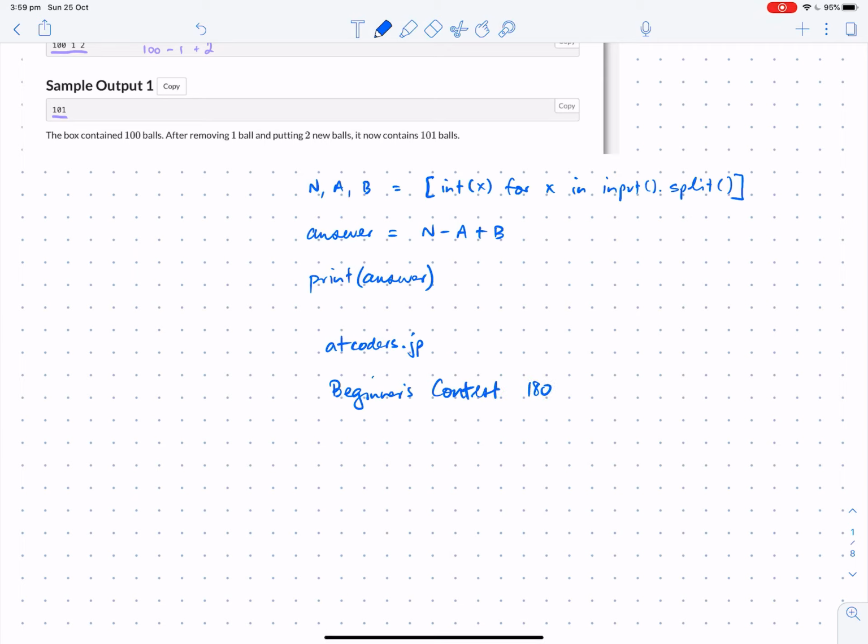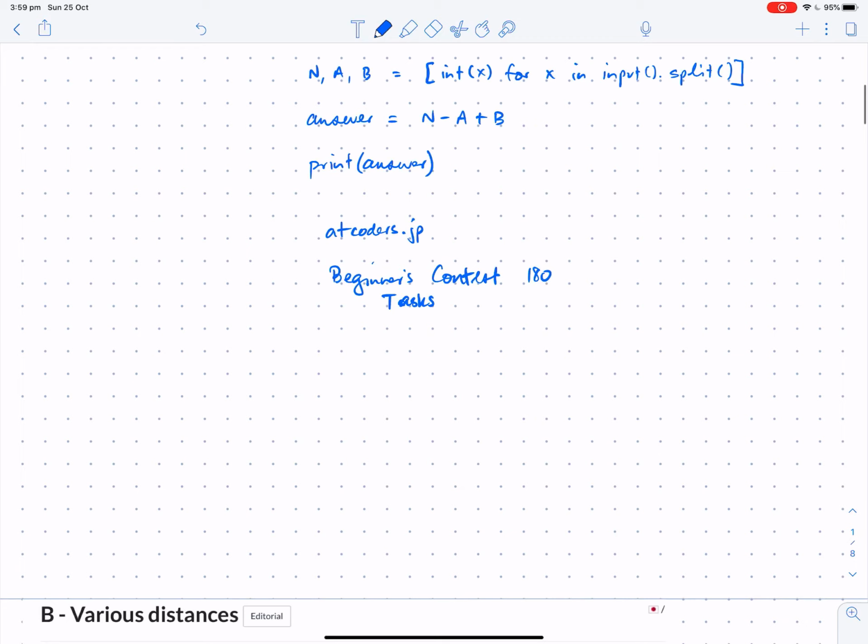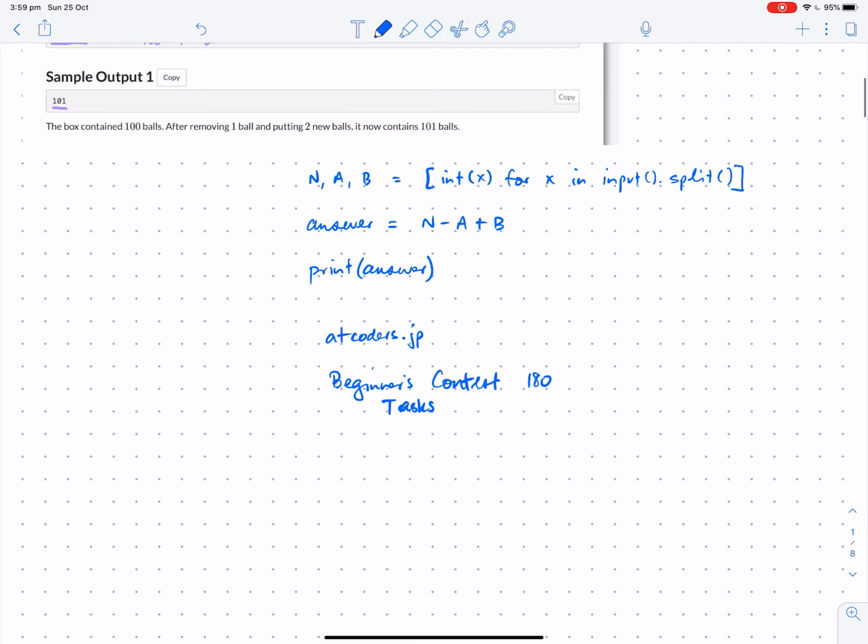If you log in, give yourself a username, etc., then you can go to that and just click on tasks and go to this task and you can submit. You don't have to be running a virtual competition or anything. You can submit to a task anytime.